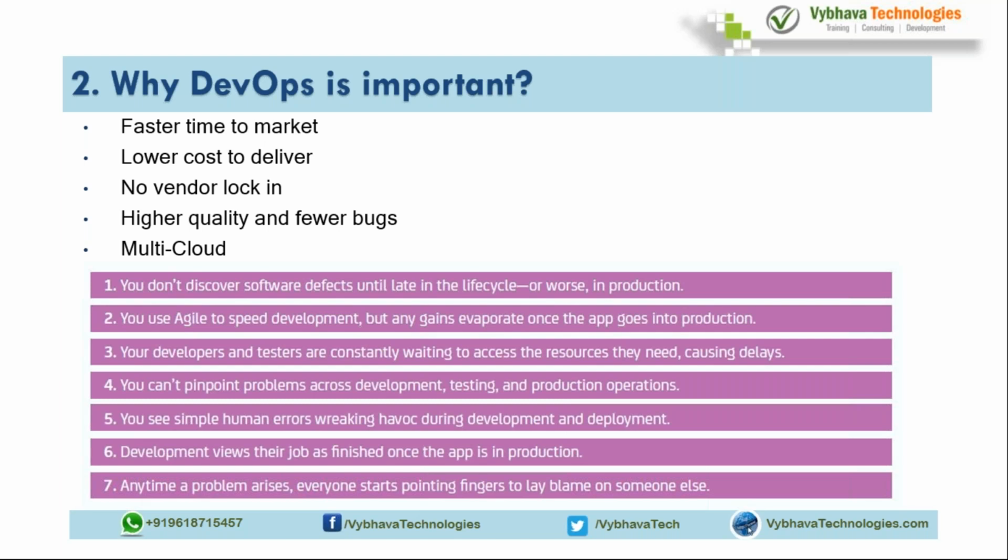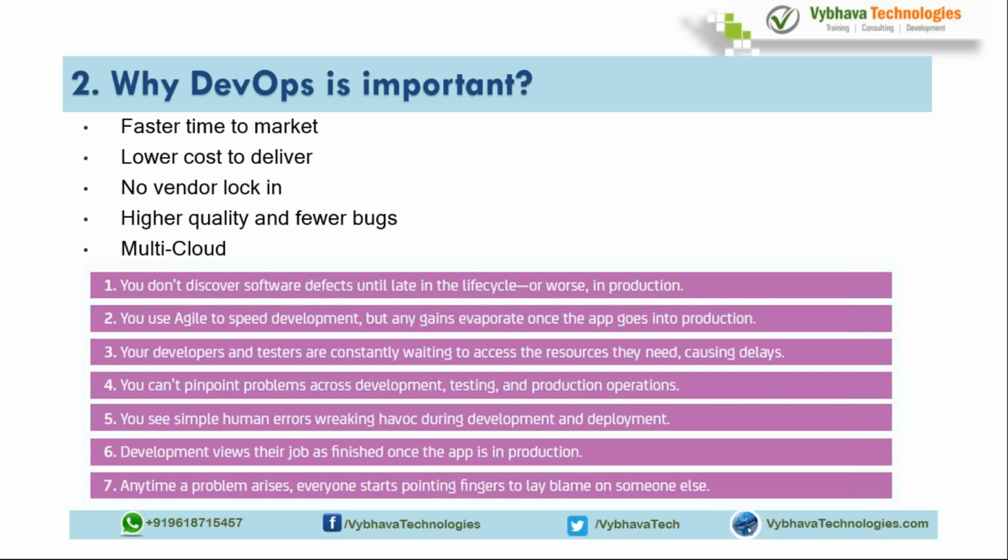Then only you will be finding so and so bug in that particular software. So unless it goes to production, you will not find that particular issue. That is not the situation here in DevOps. If you find some bug, immediately you work on it, immediately you fix it, immediately it gets delivered to production. That is the DevOps culture.